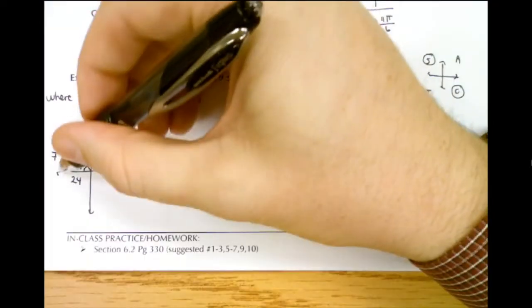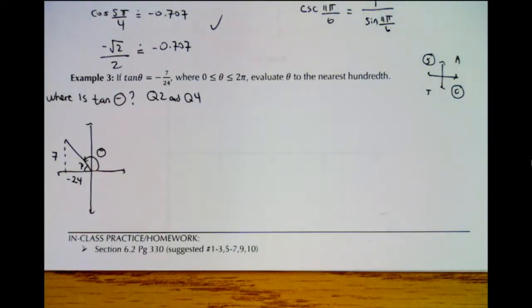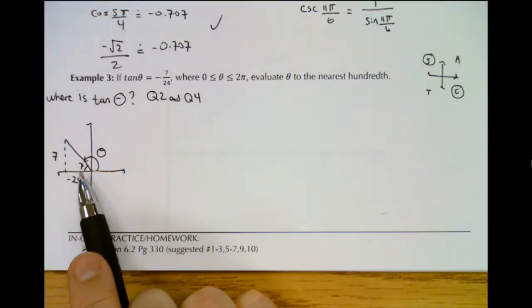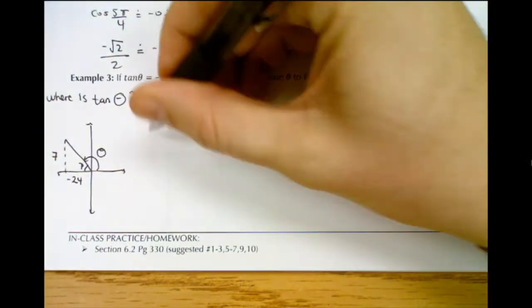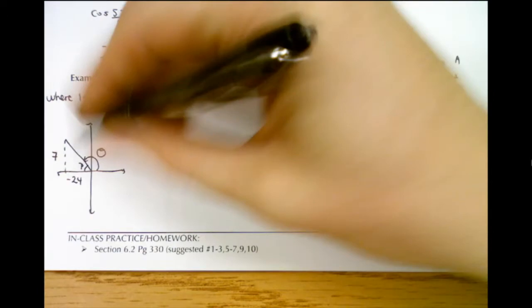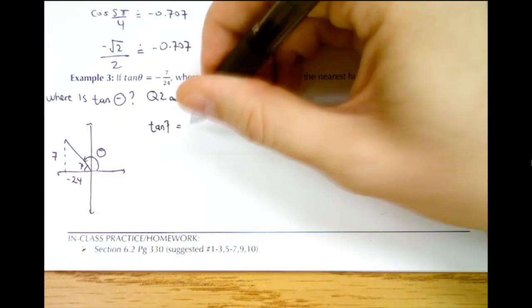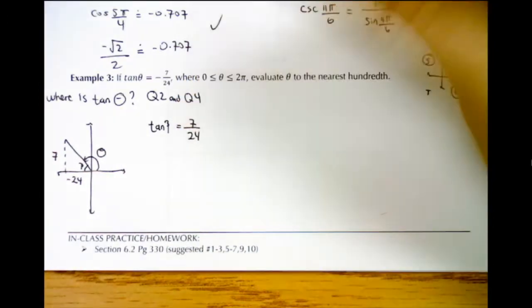Well, 7 being up is definitely not the negative, but 24 going to the left is our negative. So if we want to find out what beta is, we can do a little trigonometry, because we know that tan beta, beta being a small angle, we can drop the negative signs, would give us opposite 7 over adjacent 24.